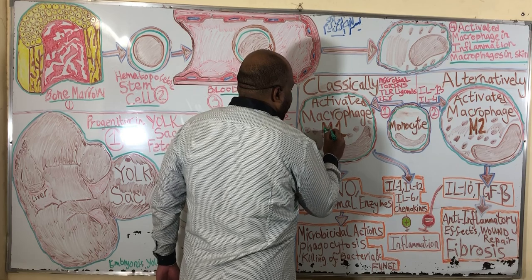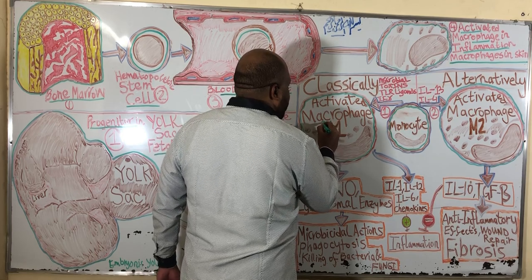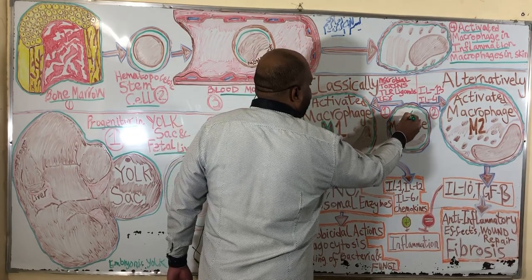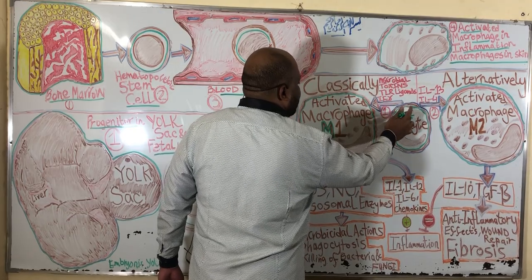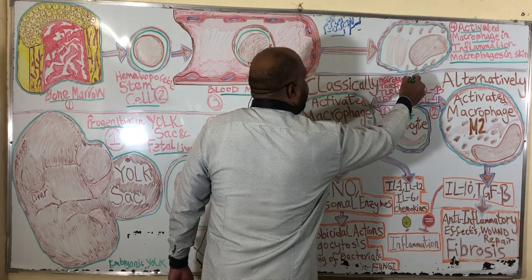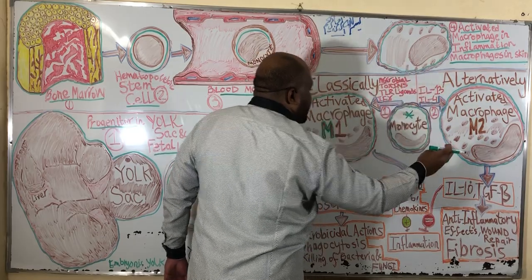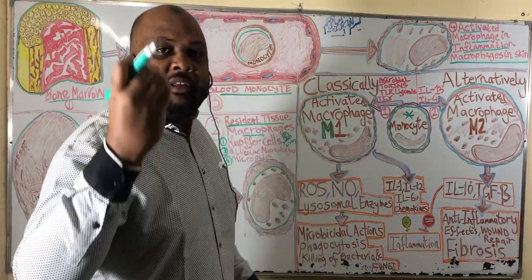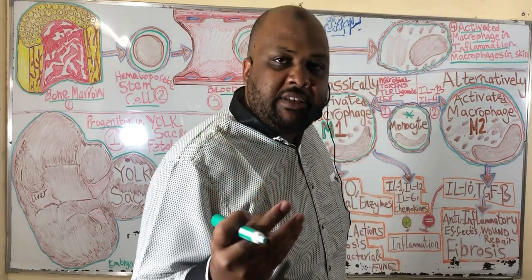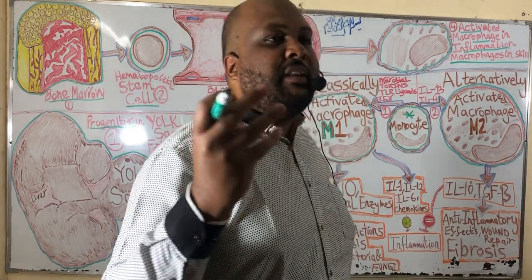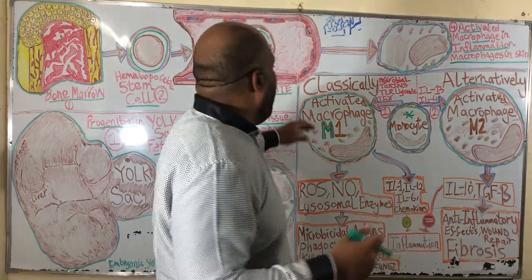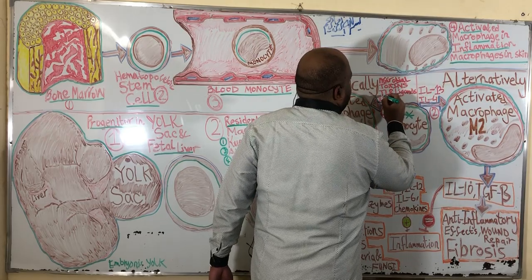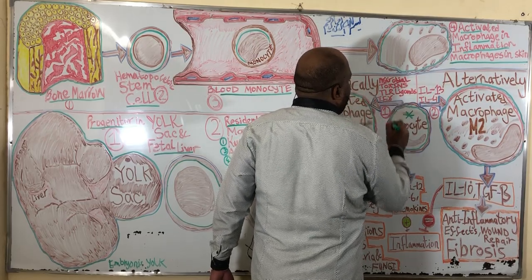In the classically activated macrophage M1, once the monocyte, this is the shared monocyte, once the monocyte's receptors detect microbial products like these lipopolysaccharides, glycoproteins found on the surface of these invading microbes, these bacteria, these viruses, the fungi, the parasites, or once they bind the toxin of these bacteria, or once we have toll-like receptor ligands or interferon gamma.